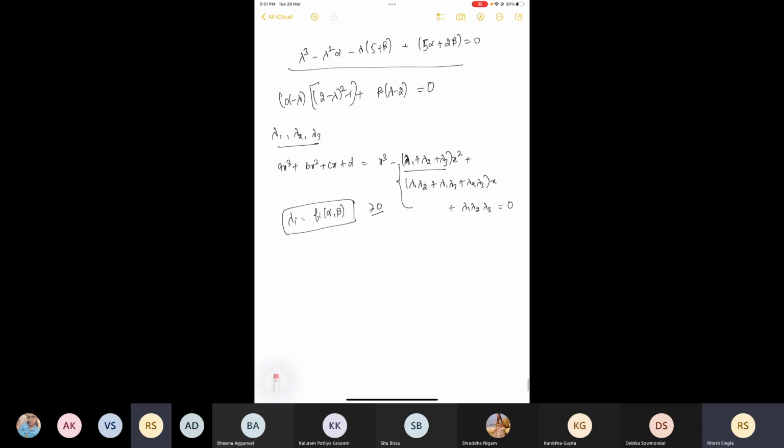What I'm telling you, you have to start with this, in case it comes in your exam, but it will definitely not come because it is definitely time-consuming. As far as the topic is concerned, you have to find the eigenvalues lambda 1, lambda 2, lambda 3 in terms of alpha and beta, and then say, okay, we want each of the eigenvalues to be non-negative. Okay.